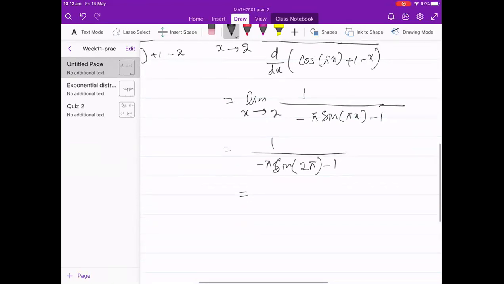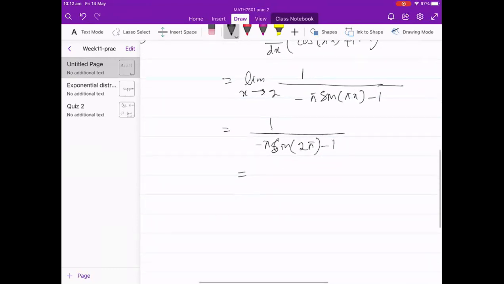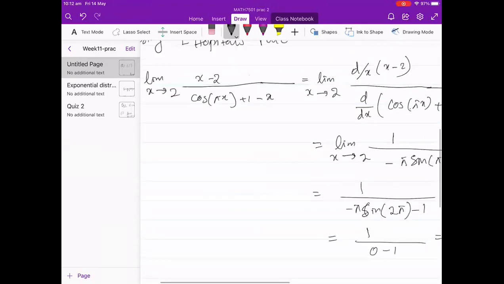What is sine of 2 pi? Zero. I can see only one person answering. So 0 minus 1, which is minus 1. That's the second part.